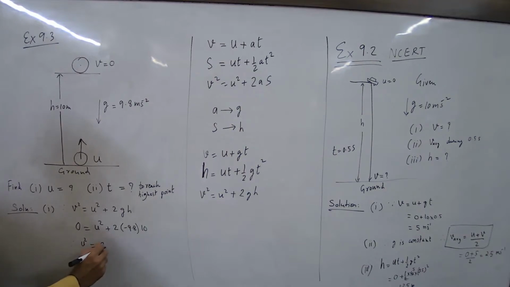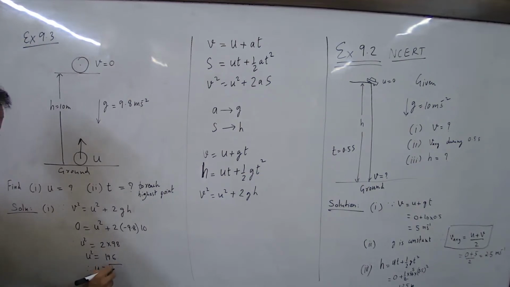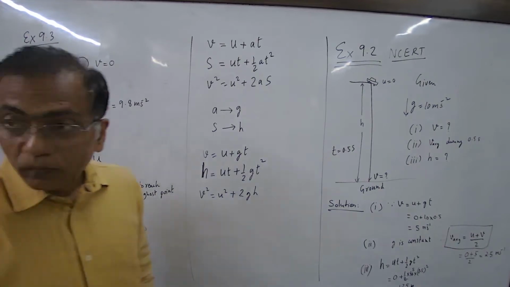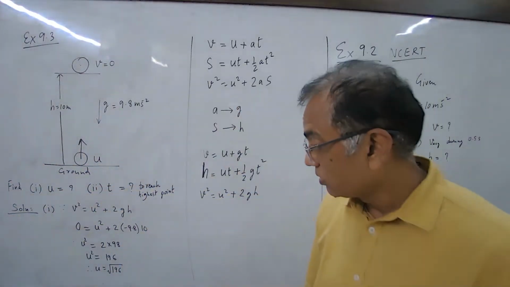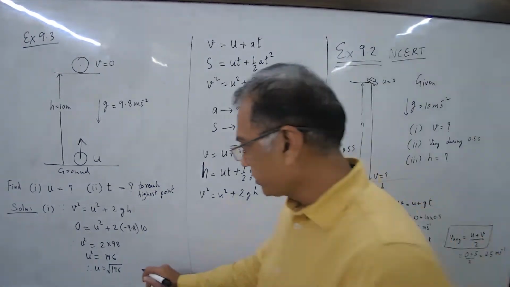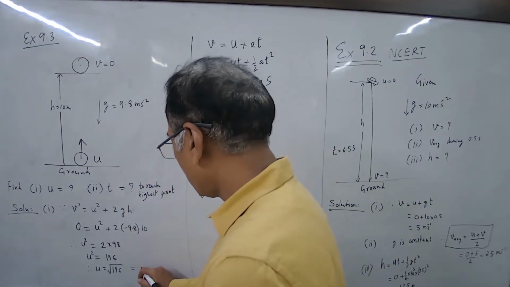So 2 into 9.8 into 10. Okay, how much is this? 196. U square is 196. So therefore U is equal to square root of 196. Is it 14?